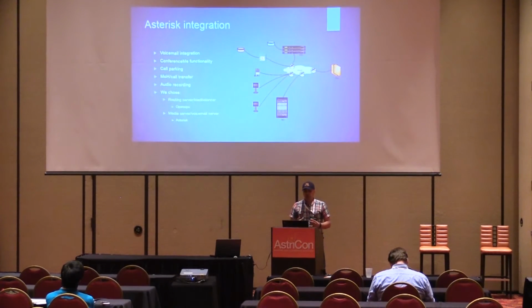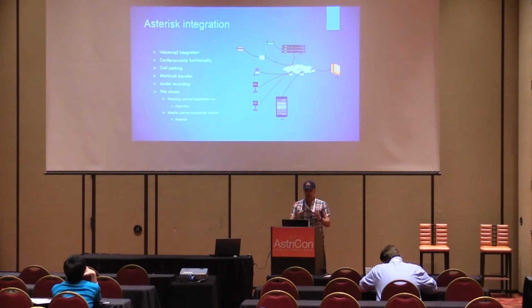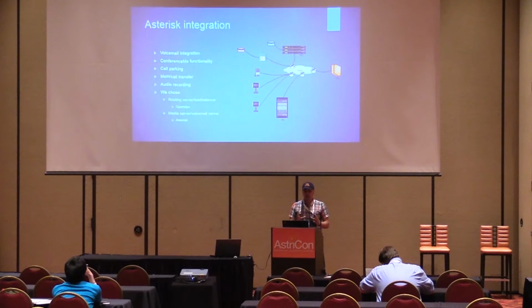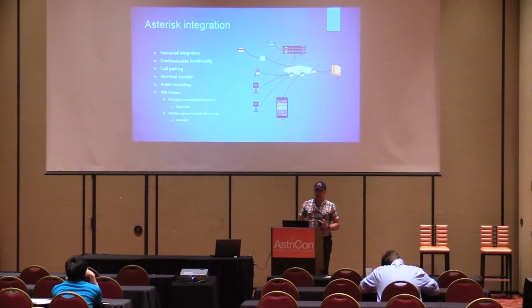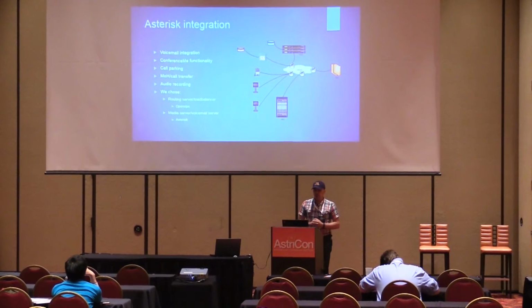So the integration of the Asterisk server in there was the best choice, very cost efficient, and after a lot of testing it worked very well with the VCS, the video communication servers. There was some tweaking we had to do.